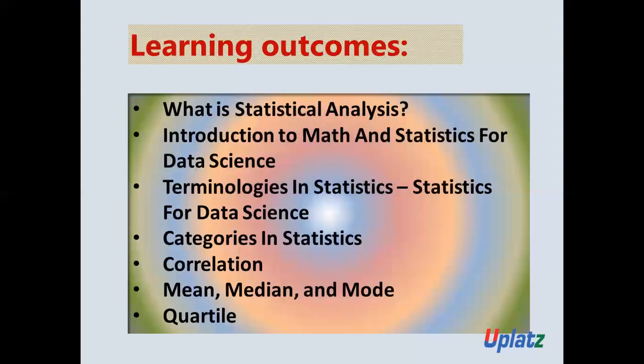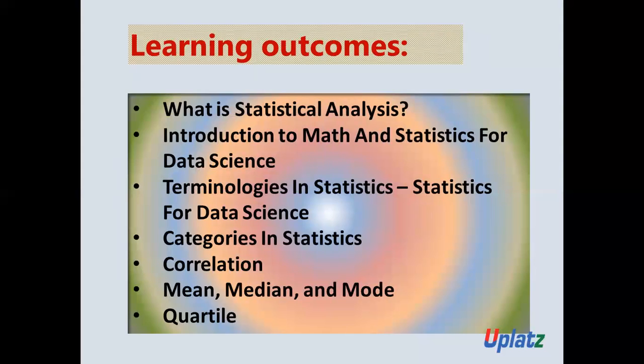It's important for you to know what knowledge of statistics is required for data science. After that, you will learn terminologies in statistics, then categories in statistics, then correlation, then mean, median, and mode, and finally quartile.